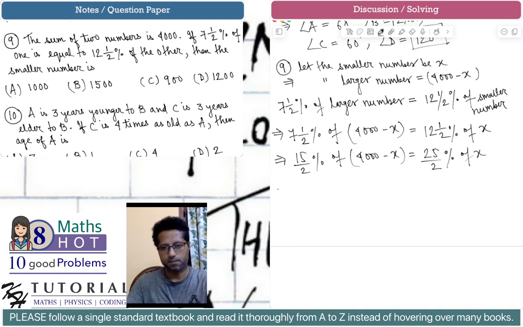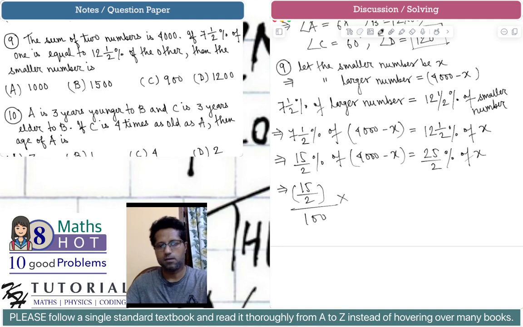Now, what is percentage of? 15 by 2 percentage of means 15 by 2 by 100 multiplied by 4000, since of means multiplication.